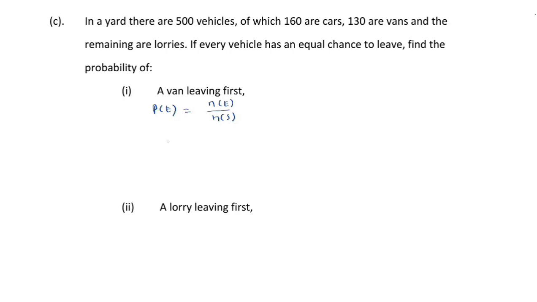So the probability of a van equals the number of vans over the total number of vehicles, which is 130 over 500. After solving, we are going to have 13 over 50. And this is our requested probability.